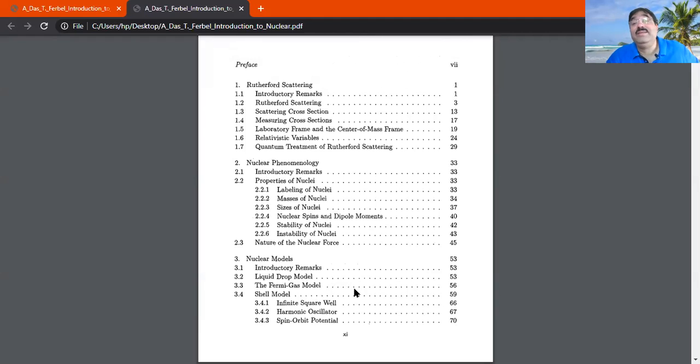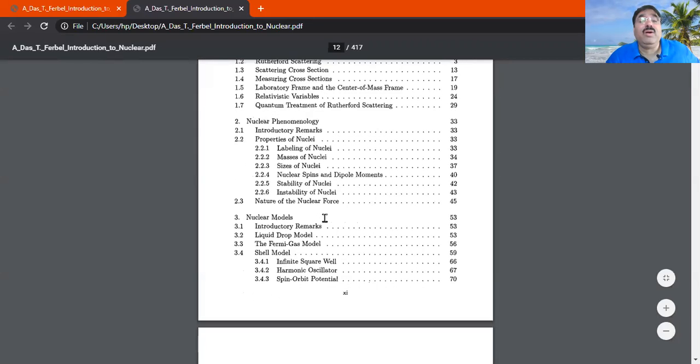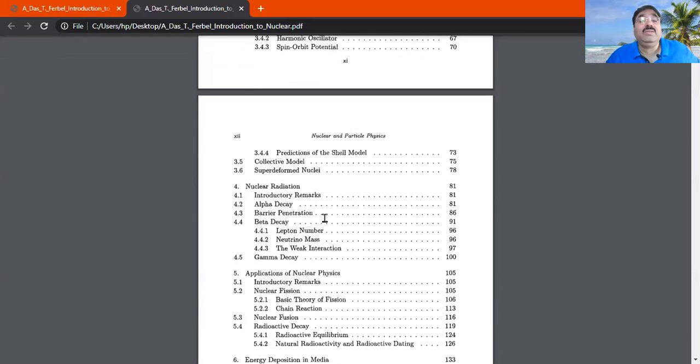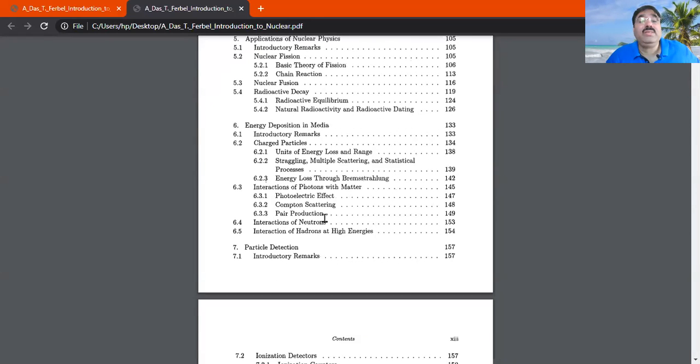People are interested in other things. Rutherford scattering is a very important topic, and the reason for its importance is historical. Then we'll go to nuclear phenomenology, nuclear models, which are very important, and then some decay processes.